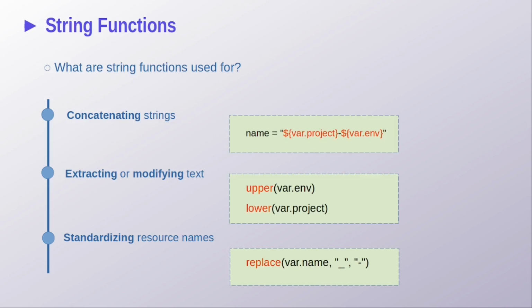Example 2, change the case. Why is this useful? Because some systems require lowercase names. Some tags must be uppercase. Consistency is very important in production. Example 3, replace characters.